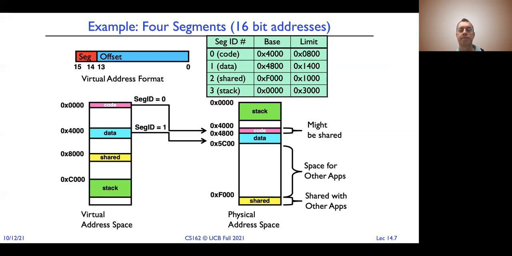Very good. So the first 2 bits are 1, 1, so it's segment number 3, which of course is the last entry in the table. For the stack, the base is 0, so you add the offset to the base. So we start from 0, 0, 0.